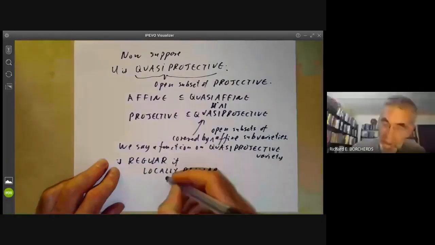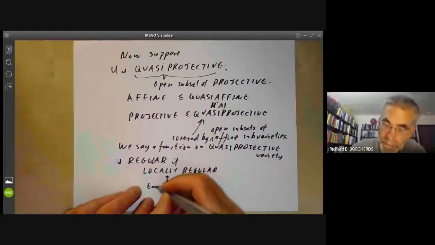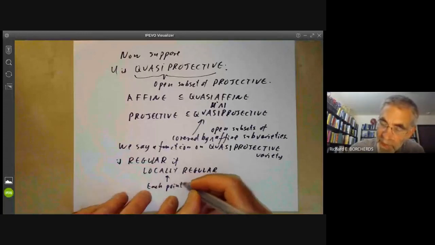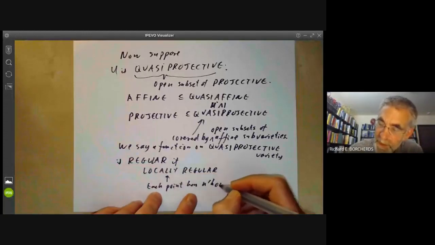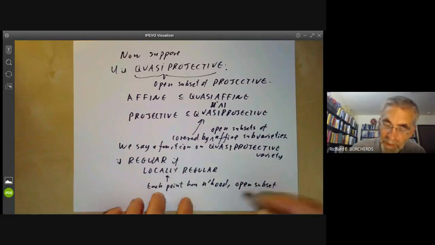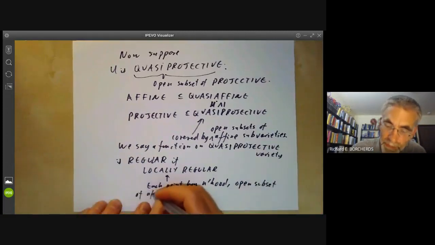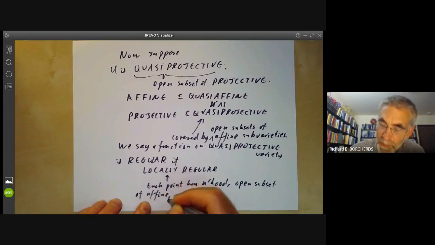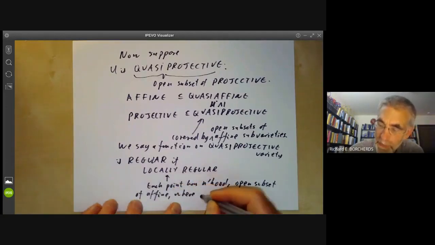Where locally regular means for each point has a neighborhood that is an open subset of an affine neighborhood where it is regular.